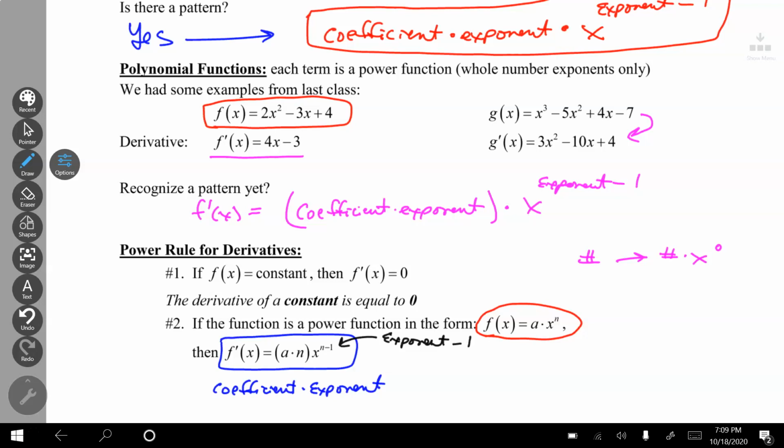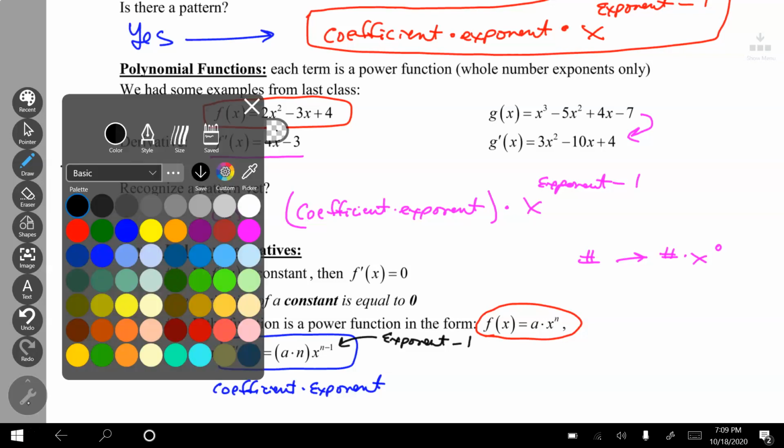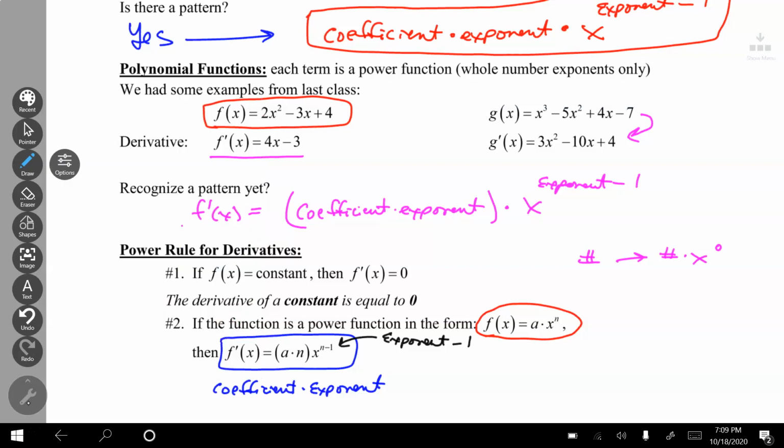That's the pattern we're looking at every single time. It's called the power rule, or what I will call the shortcut rule. And you can use it every single time unless I tell you you have to use the actual formula that we learned in the prior days, like in day 1 and day 2 and day 3 and all that.